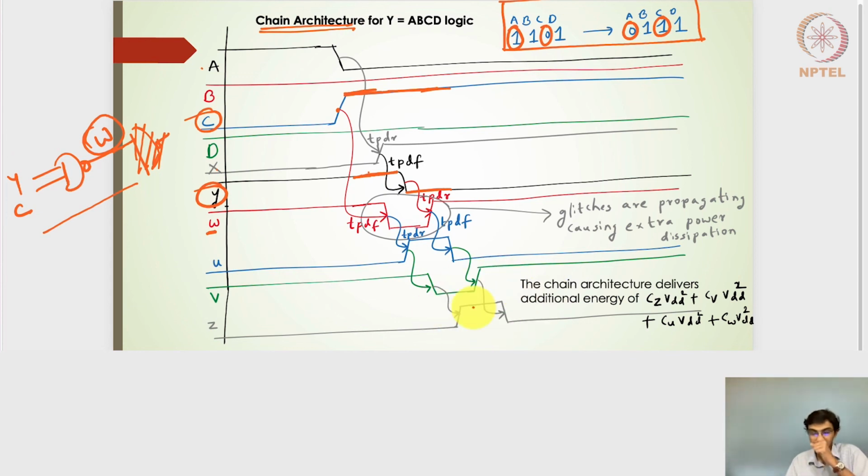So if I consider the logical transitions here, what I really want is for Z to stay low throughout. But here I have this particular transition. What the transition indicates is the capacitance at the Z output is going to get charged, right?